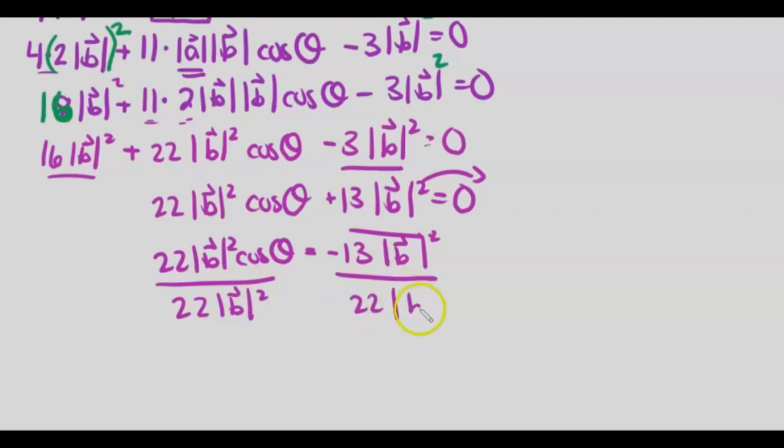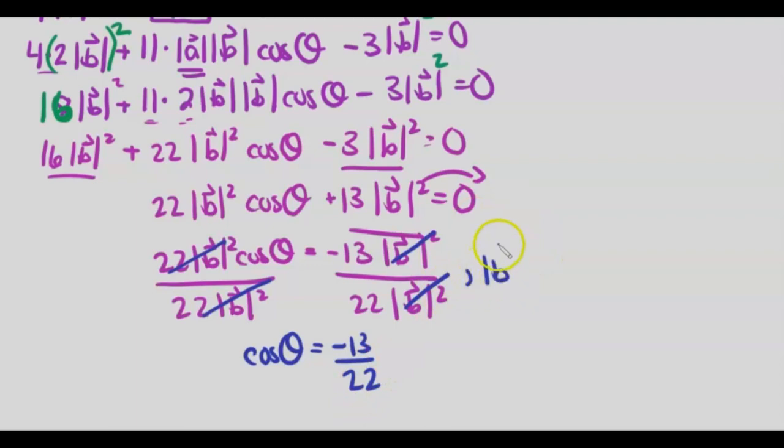And these are going to cancel out. The magnitude of vector b squared are going to cancel out. And we're going to be left with cos theta equals negative 13 over 22. Okay, we can put the restriction on here that the magnitude of vector b squared cannot equal 0 because that is a variable in the denominator.